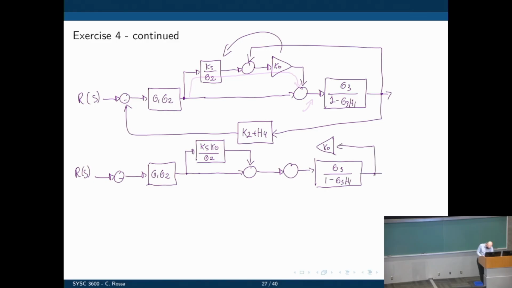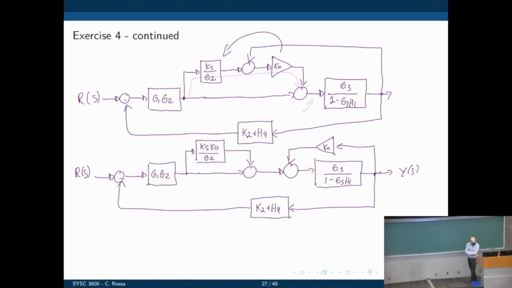Now look at this, let me know if this makes any sense. It is a bit tricky. But do you see that this is exactly the same?